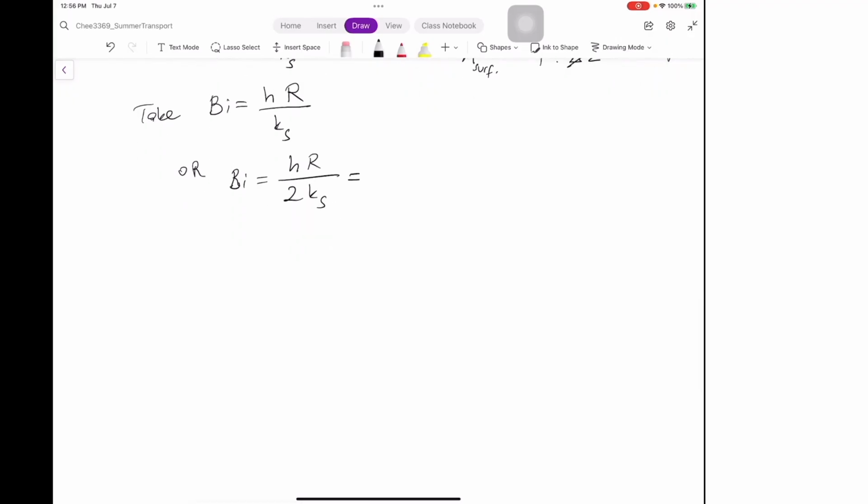And h is given as, let's plug in the numbers, 54.5 in SI units. The radius is 2 centimeters, 0.02 meters, divided by 2, divided by the conductivity, 150 watts per meter Kelvin. Watts cancel, one of the meters cancels, and the Kelvins cancel.